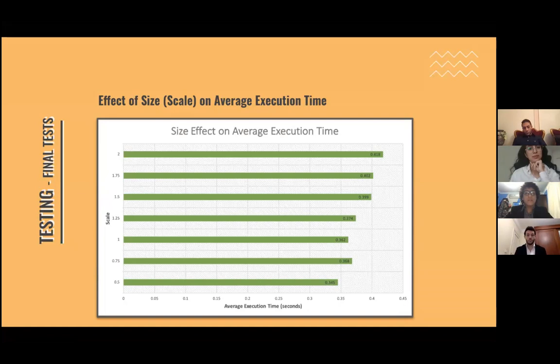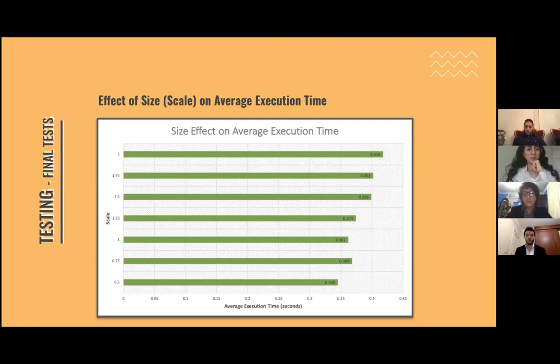We also had to study the scale effect on the average execution time. As we can see, the time varies between 0.35 seconds and 0.42 seconds in a steady way.